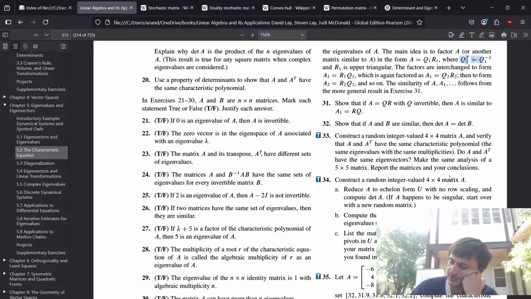So then R is equal to Q inverse RQ. That doesn't help me at all though. Oh, wait, I think I got it.